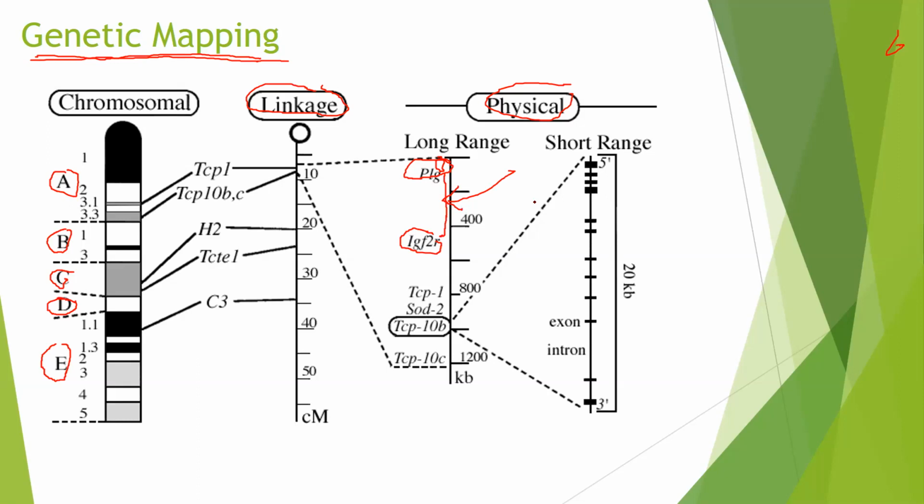that's the physical map. For example, on this genetic map or linkage map, if we measure the distance between these two genes using another unit, which is called the recombination frequency, pay attention: if we use the recombination frequency to measure the distance between any two genes, then that's the genetic map or the linkage map.